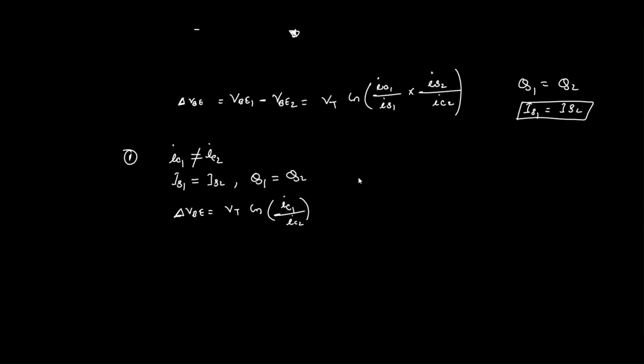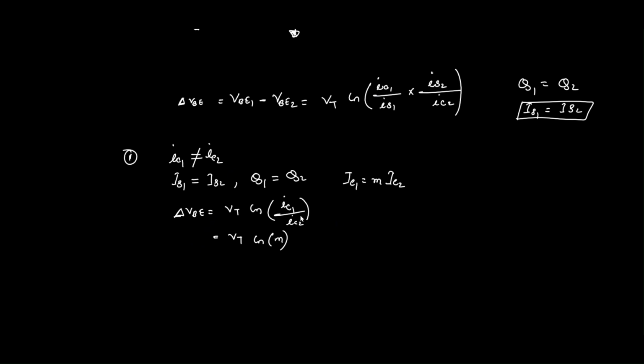And if IC1 equals M times IC2, then we can say that delta VBE equals VT ln M. We can change the current IC1 by changing this multiplying factor M, and by this multiplying factor we can also change the voltage difference of these two nodes.